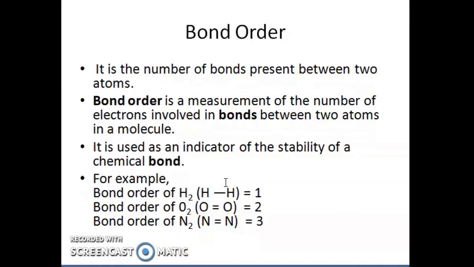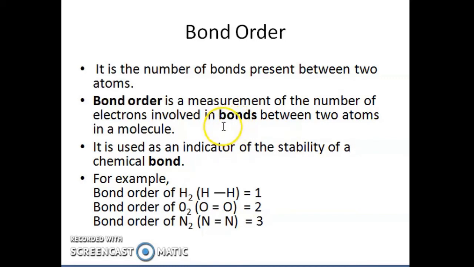The third parameter is bond order. The number of bonds present between two atoms, we say it as bond order. Or we could simplify that as: bond order is the measurement of the number of electrons involved in bonds between two atoms in a molecule.